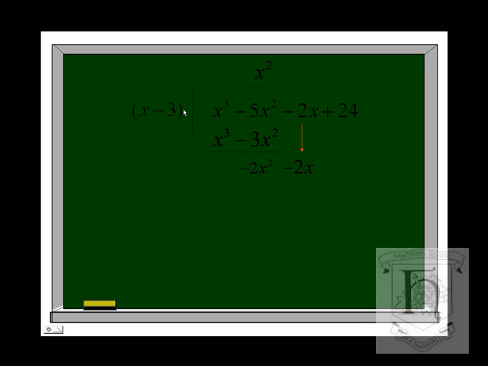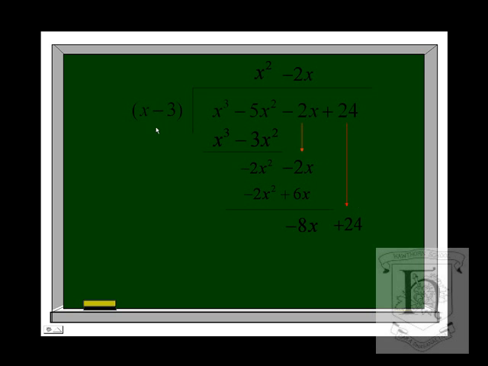How many times does x divide into minus 2x squared? We say minus 2x, and multiply back minus 2x by x minus 3 to give you minus 2x squared plus 6x. Subtract, find the remainder. Minus 2x minus 6x is minus 8x, and bring down the plus 24.